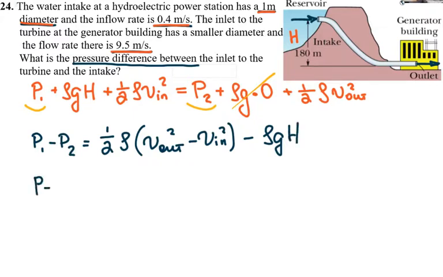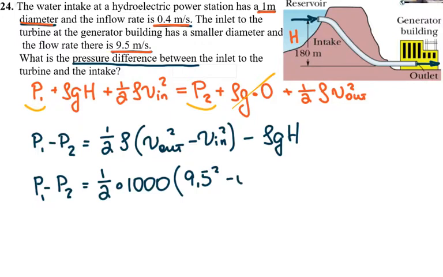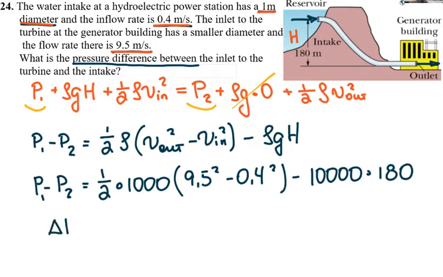So P1 minus P2 is going to be equal to 1/2 times the water 1000, v out is 9.5 and v in is 0.4, and minus 1000 times 10 gives me 10,000, and the h is 180 meters. So from here I find that the change of the pressure is equal to negative 1755 kilopascals.